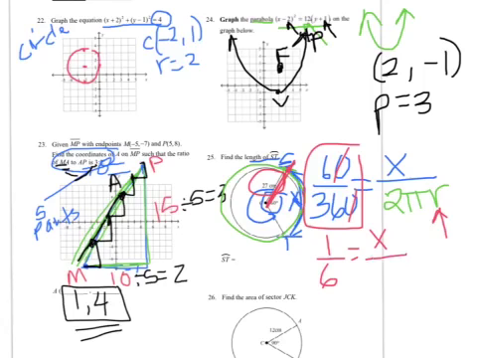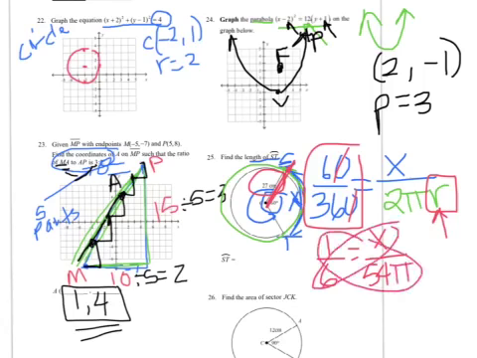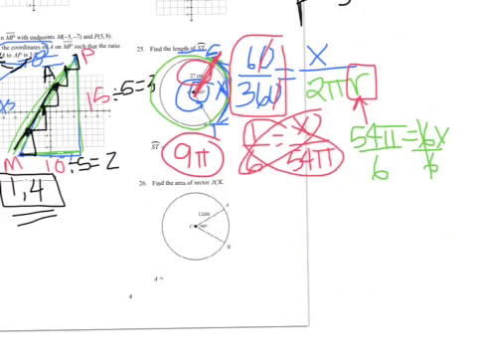And then I can plug in my 27 right here. And 27 times 2 is 54 pi. And then to solve, we just have to finish cross multiplying. So when you finish simplifying it, you get 54 pi over 6, which is just 9 pi. And that's a part of the circumference.